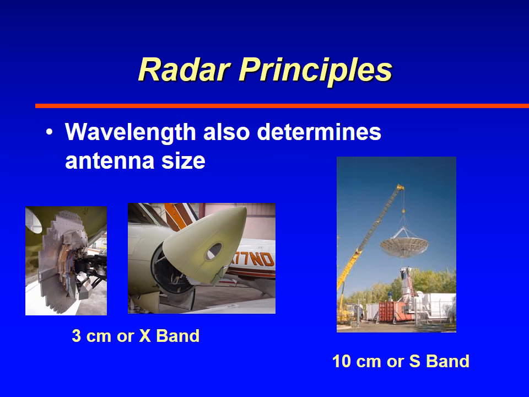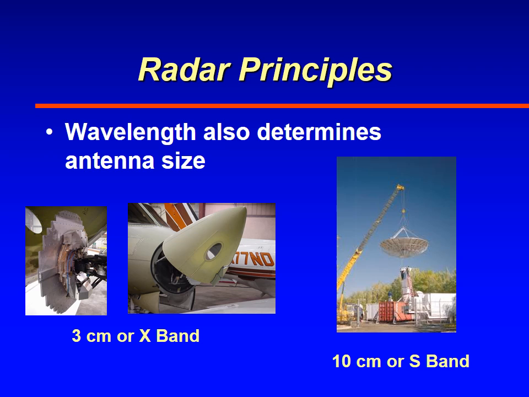So the reason that we use different wavelengths, of course, is because we get to look at precipitation. Some radars are tuned just right for precipitation, like the 5 and 10 centimeters. But it also comes down to the antenna size. The smaller the antenna, or the shorter the wavelength, the smaller the antenna that you can use.